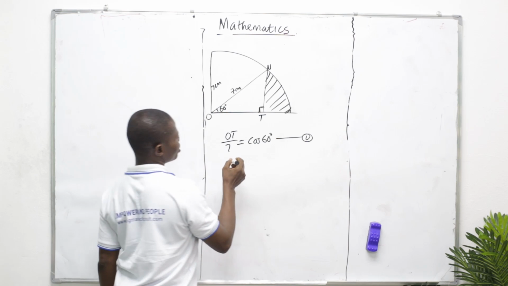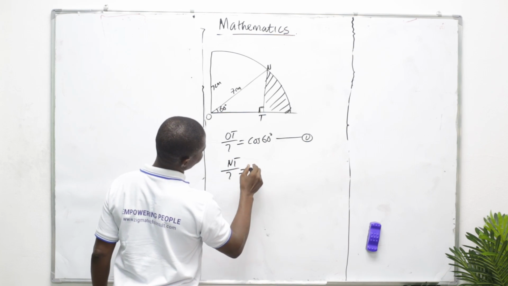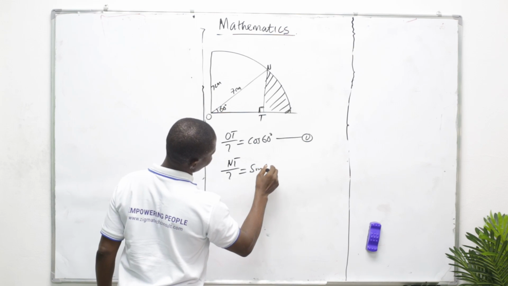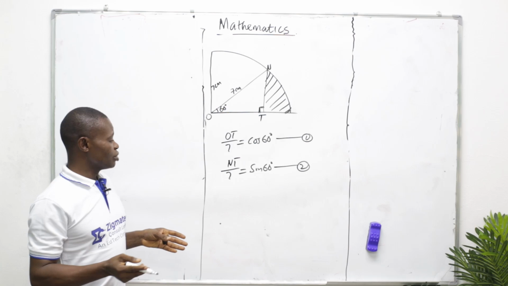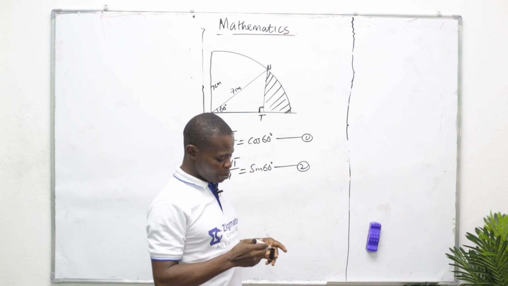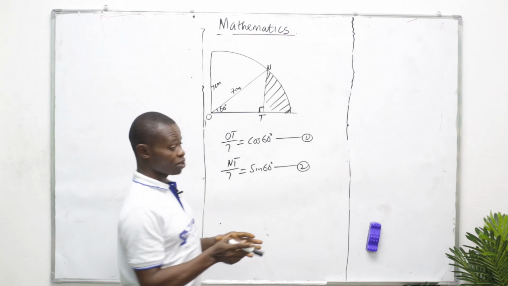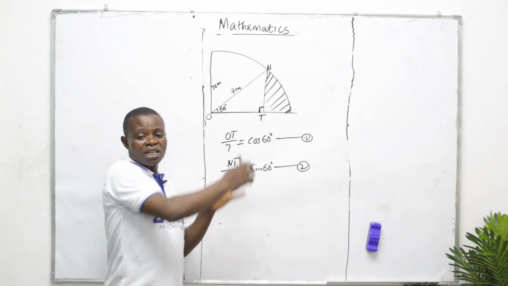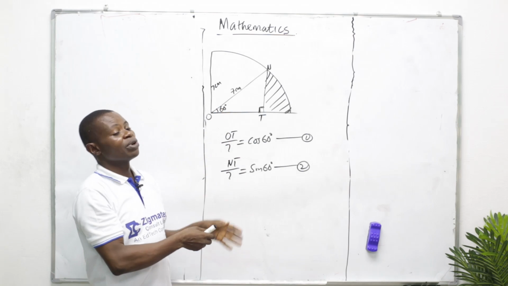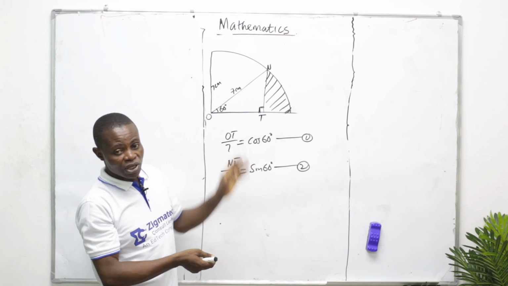I can also say that NT all over 7 equals sin 60 degrees. I call it equation 2. It's my choice as well. So what you want really matters. There is no part or point that if you start, they will not give you your mark. You can start from this. You can also start from this.